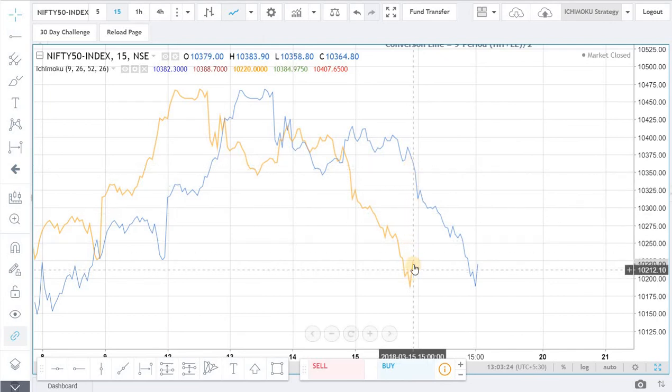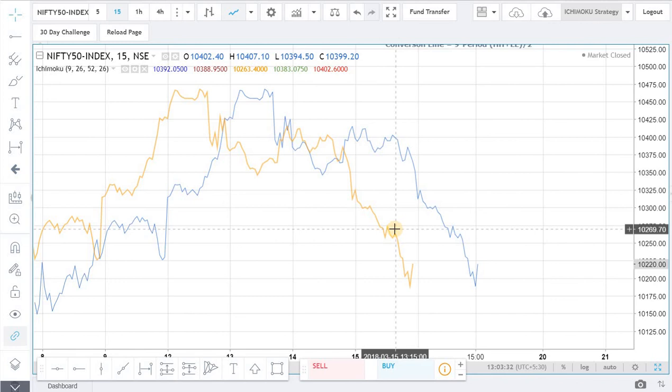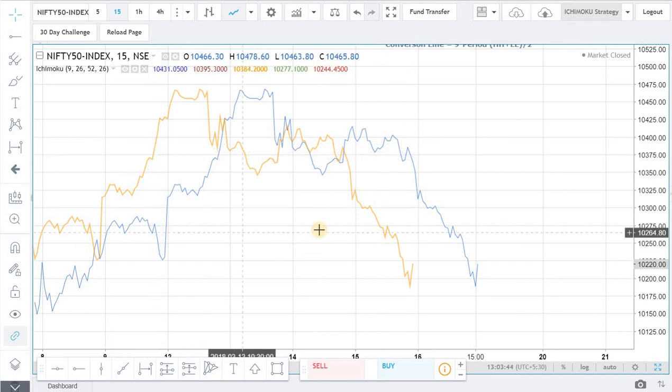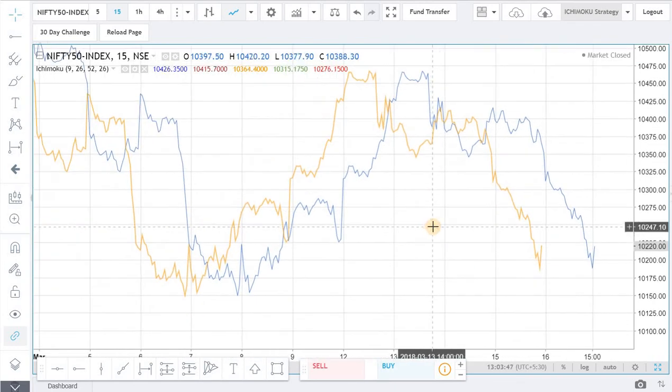So this is a comparison between what the current price is versus what it was 26 periods ago. If the current price was less than what it was 26 periods ago, it basically means that for the last 26 periods it was bearish in nature. So the trend is bearish, and that is the reason why we say that if the lagging line is below price, then it is bearish, and if the lagging line is above price, it's bullish. It's a very simple logic if you understand it.